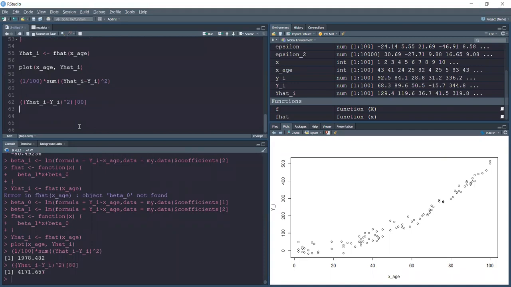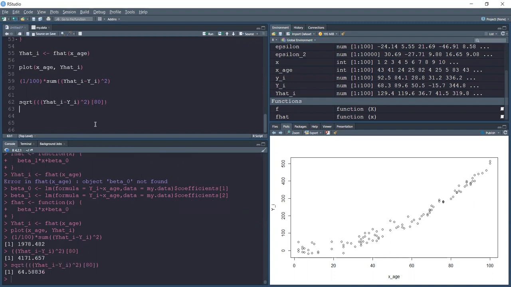And it's 4171. So what does that mean? That means if I square root that number, that's the difference between the prediction, so the y hat, and the actual output. There's a difference of 64.